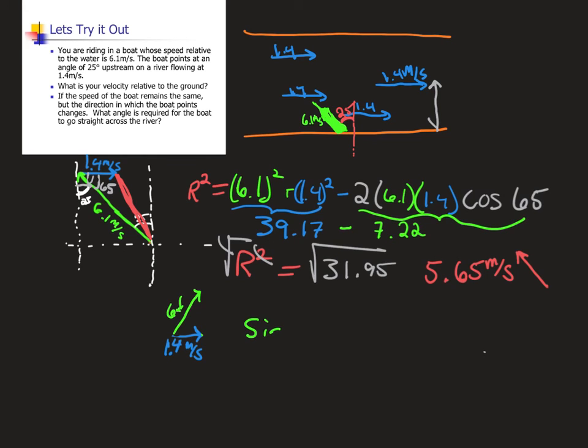And so we can use the sine of theta is equal to opposite over hypotenuse, so 1.4 divided, not times, divided by 6.1, and then do an inverse sine of my answer to give me an angle, a lot of times written as just that, of 13.3 degrees.